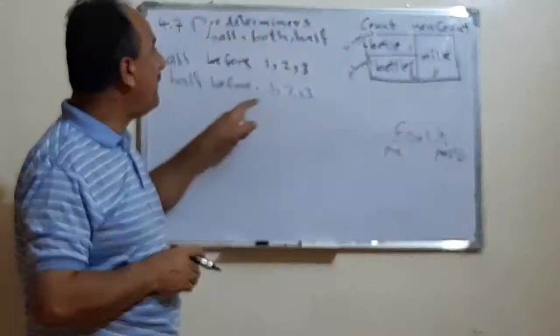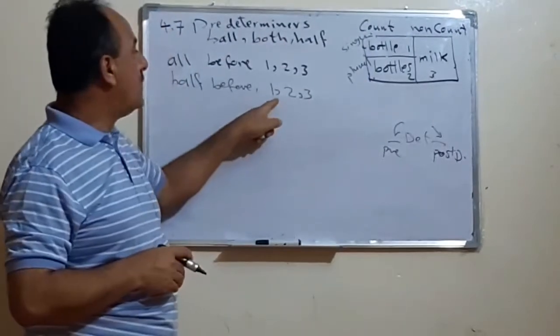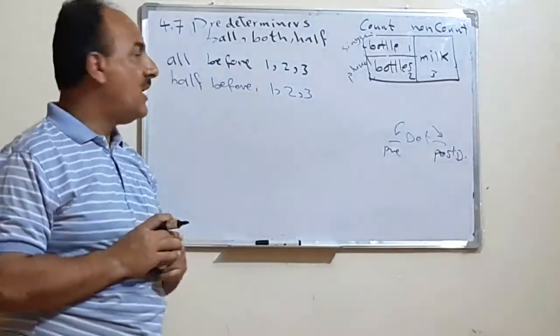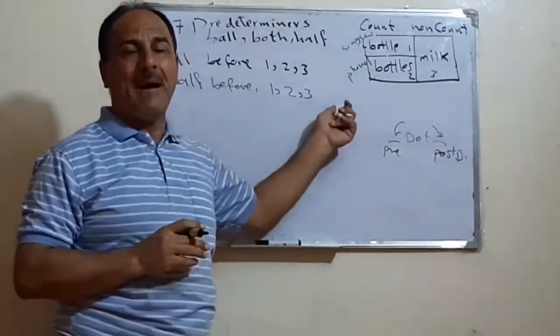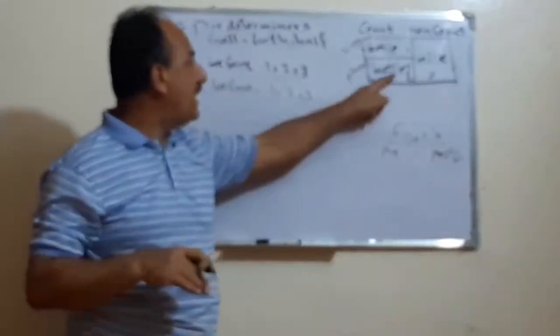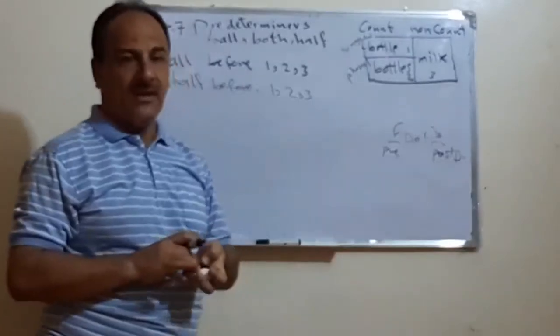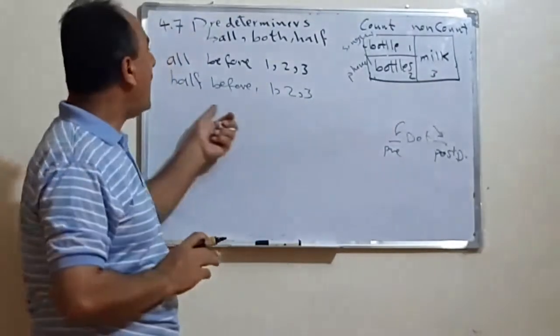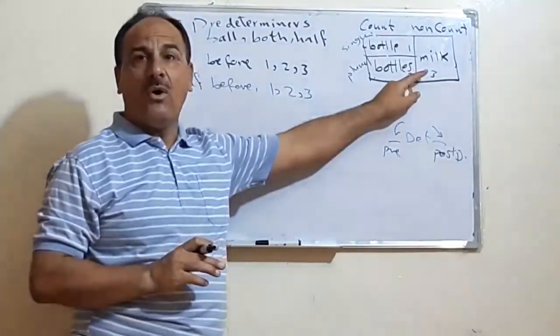Or before number 2, the plural: half the students passed the exam. And it can also be used before 3, to say half of the juice was drunk, half of the food was eaten.